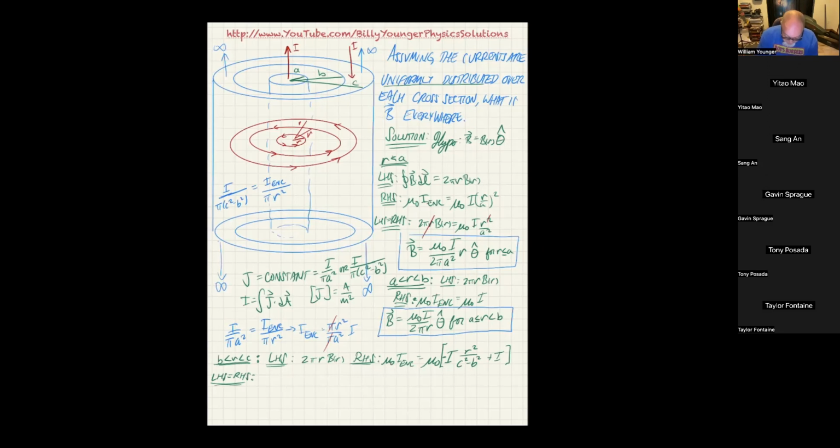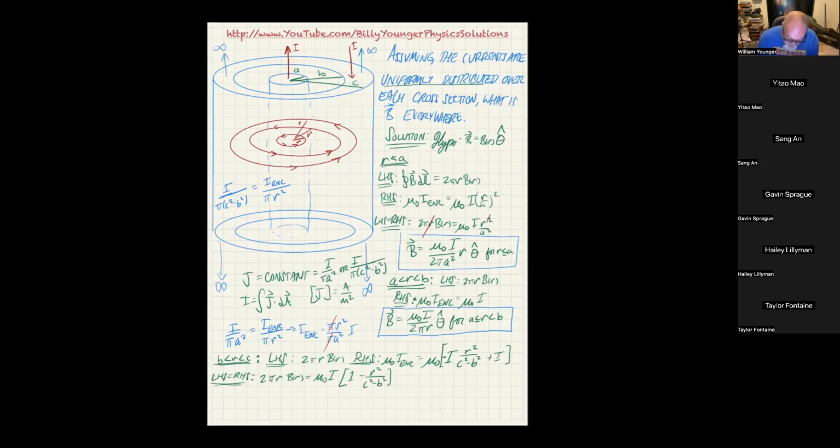So now when I set them equal to each other, I get 2 pi r B of r is equal to mu 0 I. And now I'm going to take 1, which is what I get from the positive one, and then say minus r squared over c squared minus b squared. Let's change colors since I'm doing something kind of weird here.